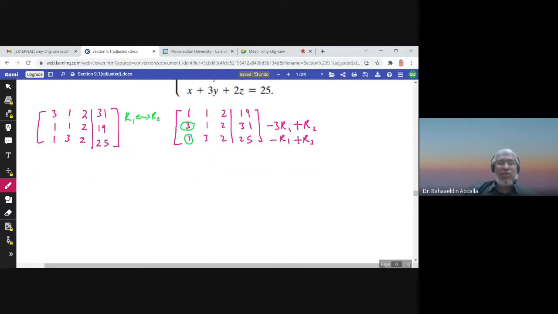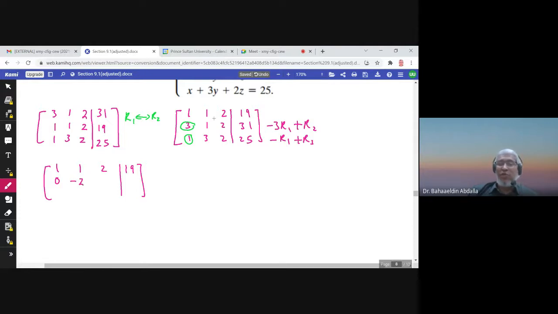So let us do it. The first row, no change at all. Now the second row, and pay attention. Negative 3 times R1 plus R2. Negative 3 times 1, negative 3 plus 3, 0. Negative 3 times 1, negative 3 plus 1, negative 2.